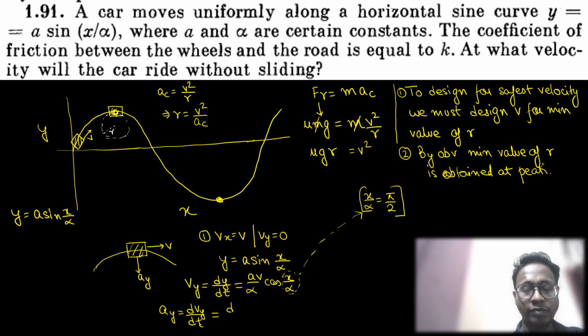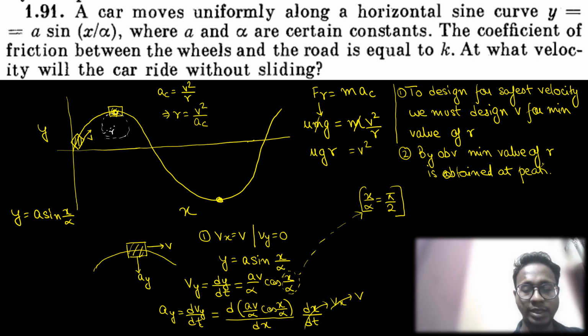So d of av by alpha cos x by alpha by dx into dx by dt. Similarly, at the topmost point, dx by dt is nothing but vx, and vx at the topmost point is nothing but v.